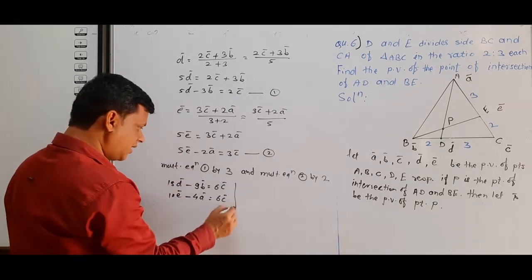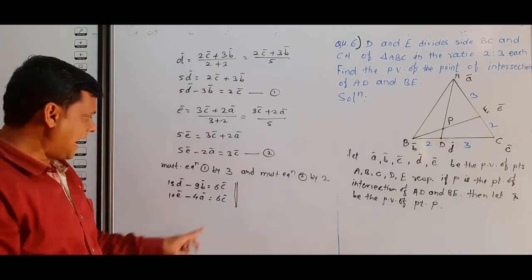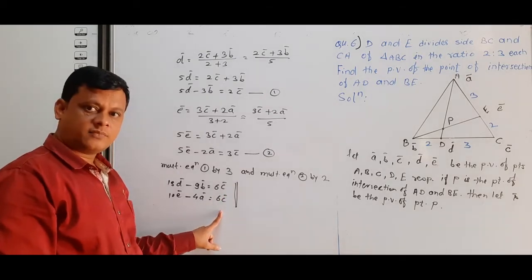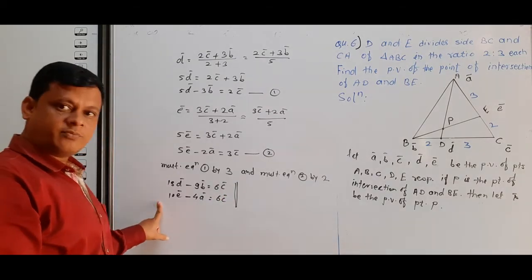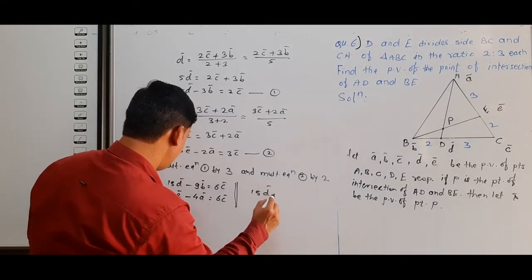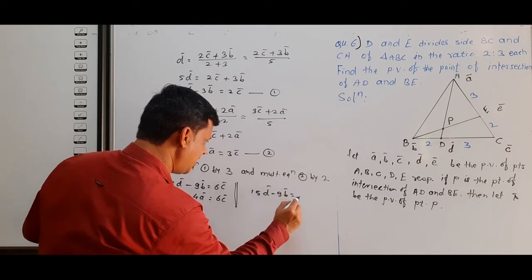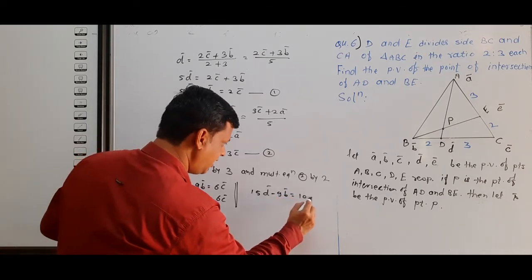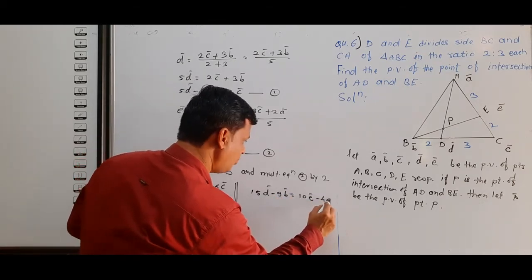Here if you observe, the RHS of both equations is the same, that means their LHS must be the same. So we write here 15D bar minus 9B bar is equal to 10E bar minus 4A bar.